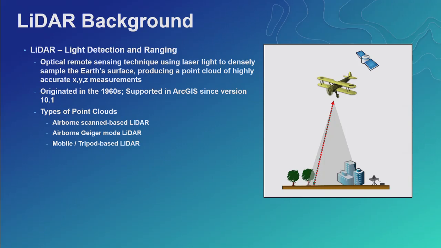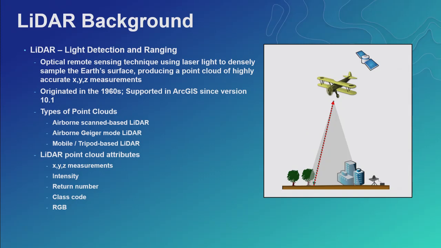So what kind of attributes does Lidar collect? Obviously it's GIS, so we're grabbing the XY coordinates, the spatial location, but it's also grabbing the Z coordinates, which are the vertical elevation values. Within the points, the attributes can also include intensity, recording the strength of the signal, and the return number.